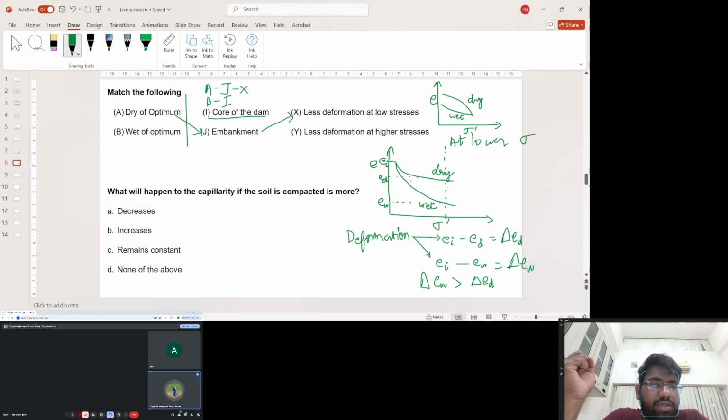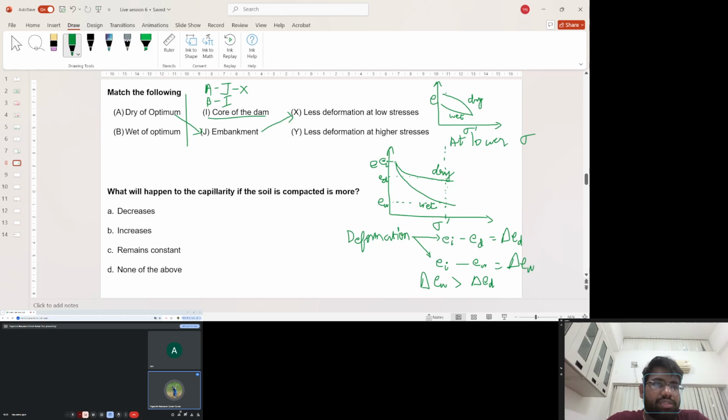This is at lower stresses, at time t equal to 0. And if you go to a very high stress, in this case around 1000 kPa, some reference books give values of 1000 kPa, 1200 kPa.